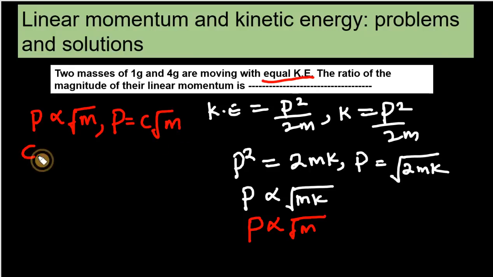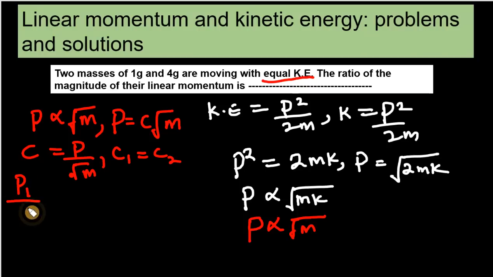If we make c the subject, we have c equals P upon root m. And of course, as this is constant, the constant for the first mass will be the same as for the second mass. So we have P1 upon root m1 equals P2 upon root m2.